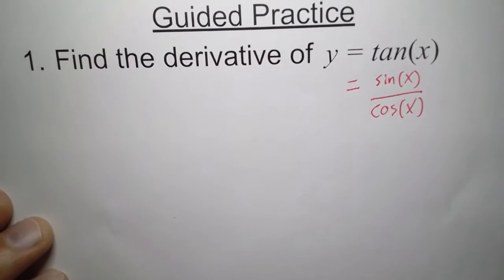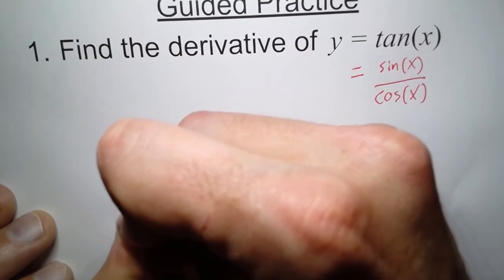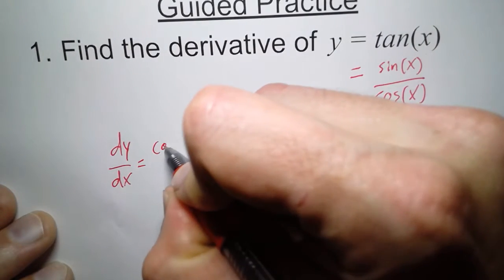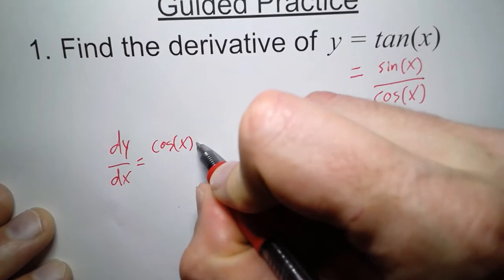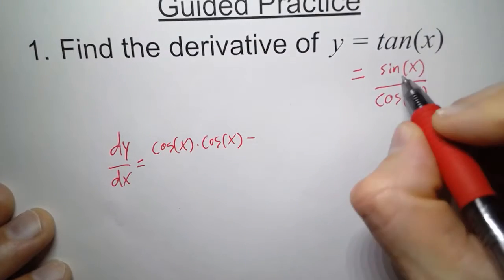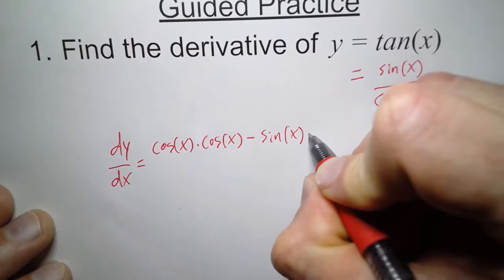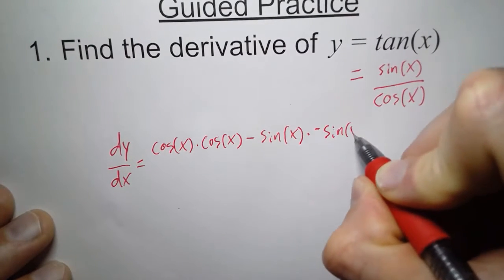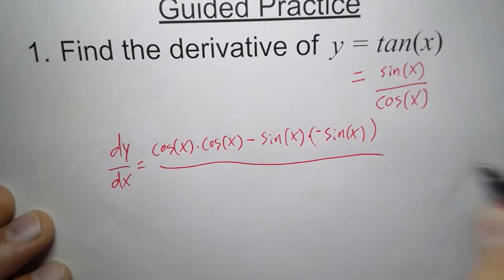So the derivative, you're going to use quotient rule. So dy/dx equals, so low d high, so cosine of x times the derivative of the top, which is cosine of x, minus high, sine of x, d low, and that's going to be negative sine of x, all over low low.